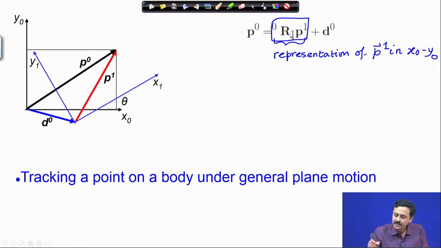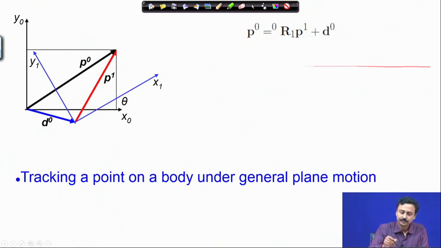Through the rotation matrix R 1 to 0, I have found the representation of P1, which is in x1 y1, as a vector in x0 y0. To that I have added d naught. That is how I get P naught.